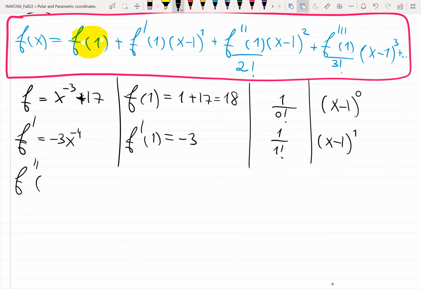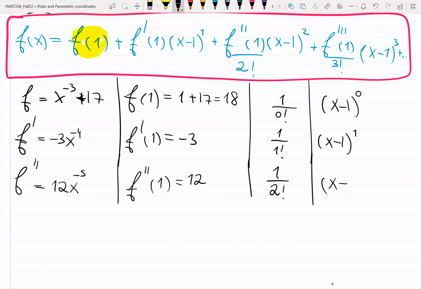f double prime will be minus 3 times minus 4, which is 12, x to the minus 5. Plug 1 into the second derivative. You get 12, and multiplied by 1 over 2 factorial and multiplied by x minus 1 squared.